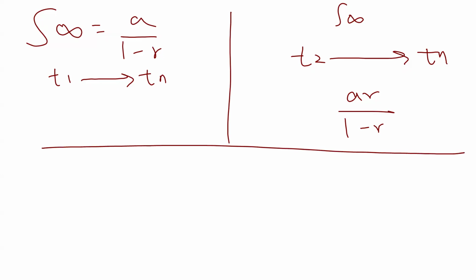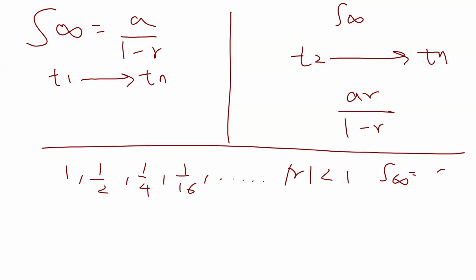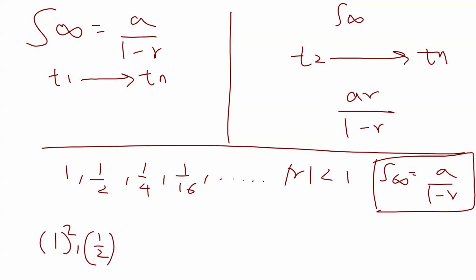Now see, suppose there is an infinite GP. I'll give you an example. 1, 1 by 2, 1 by 4, 1 by 16 and so on. Here modulus of R is less than 1, so it's an infinite GP. So S infinity is equal to A upon 1 minus R, the sum of all these terms. If we square these terms, now there is a new formula, you should remember this.